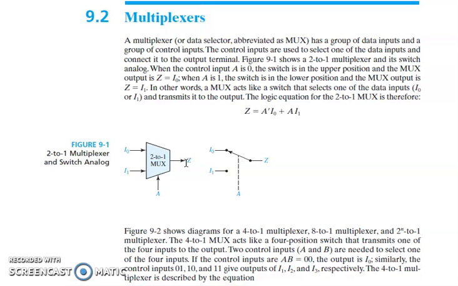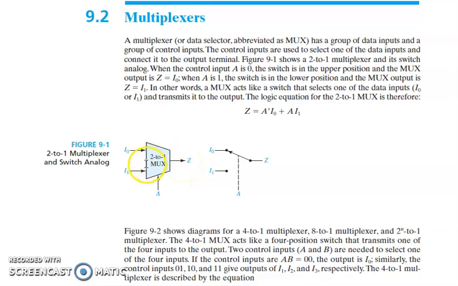So 2 power 1 means 1 select input, 2 inputs and 1 output. 2 power 2 means 2 select inputs and 4 inputs, so 4 inputs, 2 select inputs and 1 output.